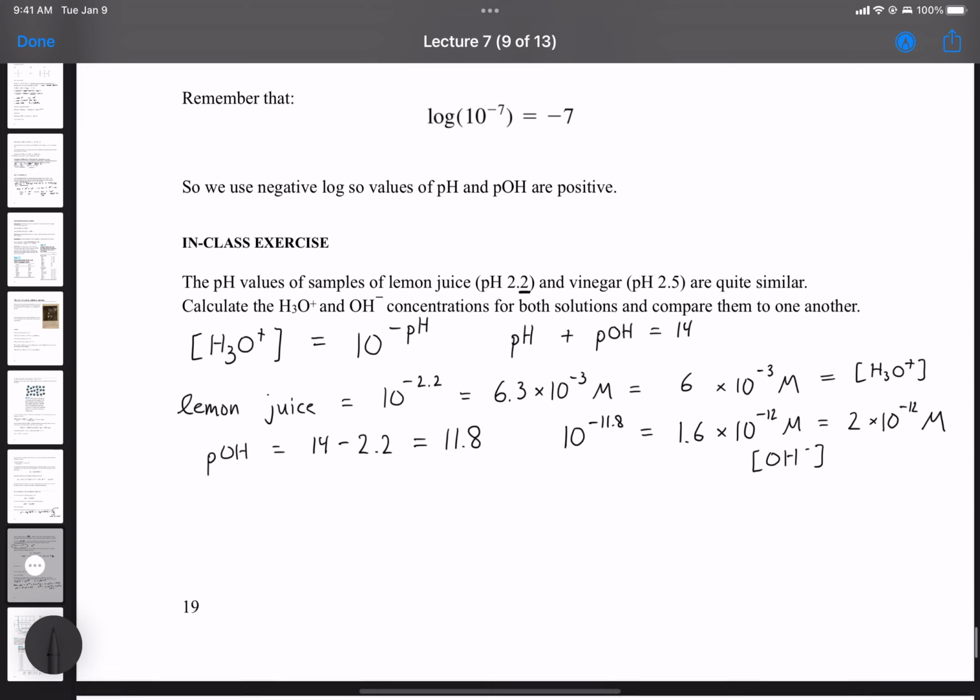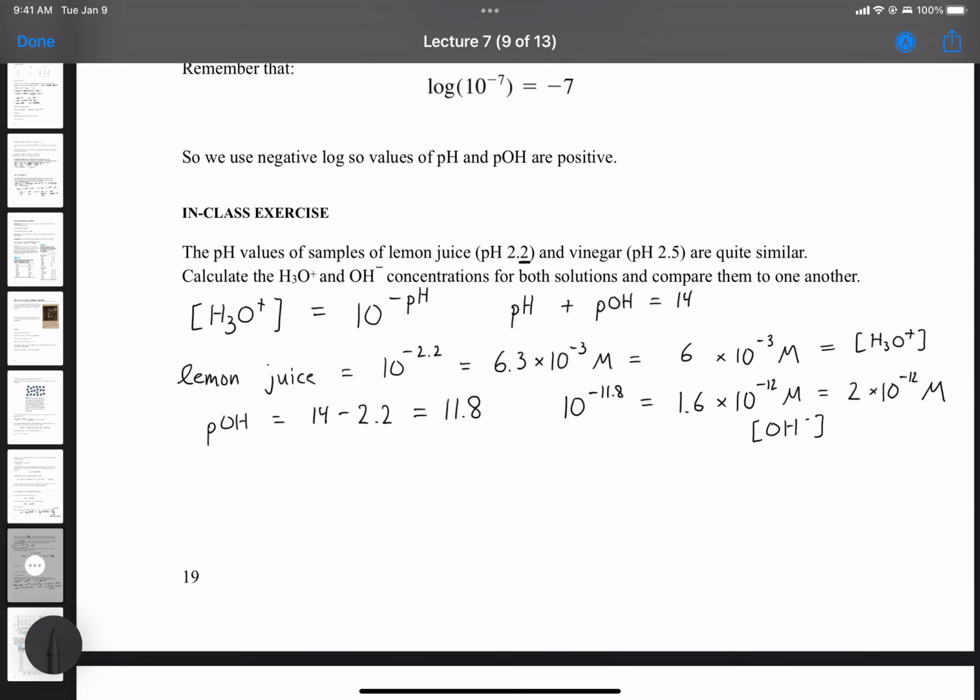Okay, so there's another way we could do this. We can use the Kw value, so we could say H3O+ times OH- is equal to 1.0 times 10 to the negative 14th.